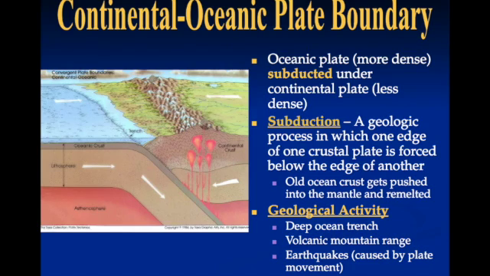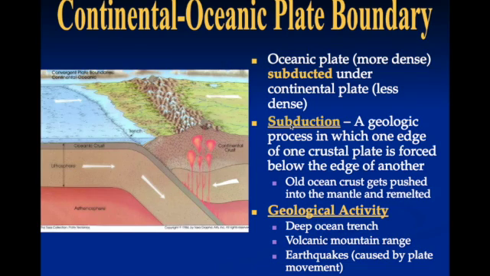Up here on your screen, you'll see where we left off last time: continental and oceanic plate boundaries, which is a type of convergent boundary. We're going to go through the other two types of convergent boundaries today, and I'm going to keep referencing back to the continental-oceanic boundary as well. The big thing to remember with these three types of convergent boundaries is all about this process of subduction.